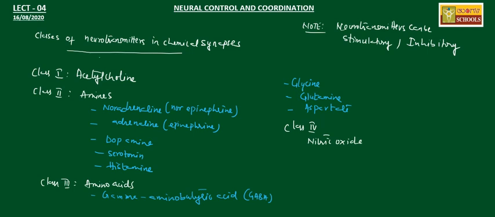Here, gamma amino butyric acid will always be inhibitory, then glycine is also always inhibitory, whereas the glutamate, I'm sorry, I mentioned glutamine.